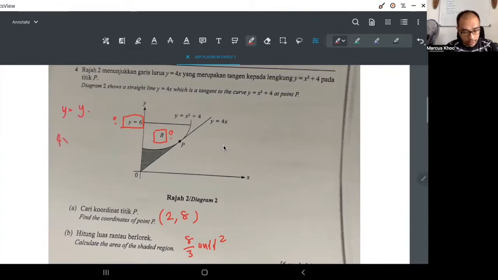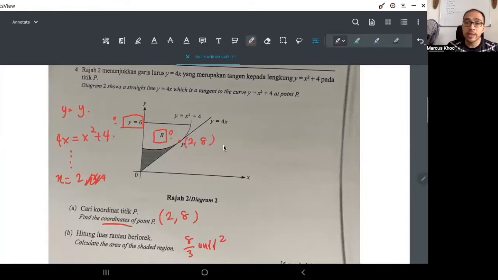So 4x equals x squared plus 4. You get x. Oh yeah, sorry, you only get 1 value, which is x equals 2. Then, because the question asks for the coordinates, you have to find y. So you will get y equals 8, which means the coordinate here is (2, 8).